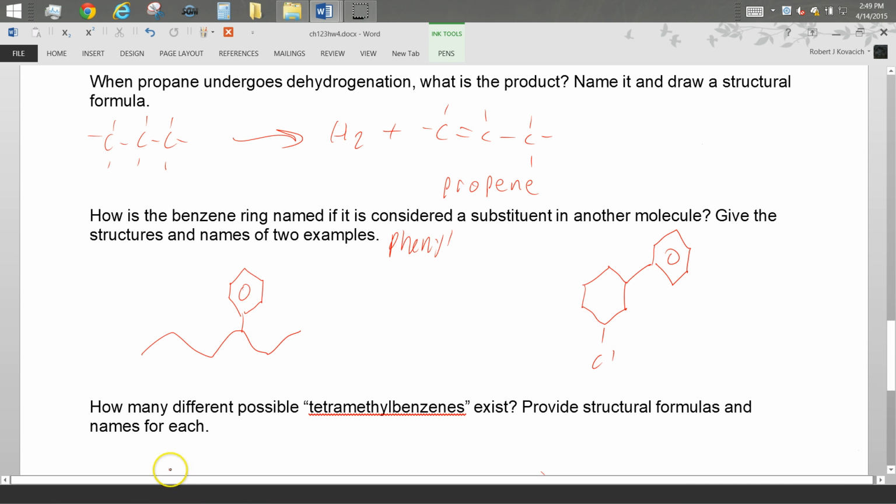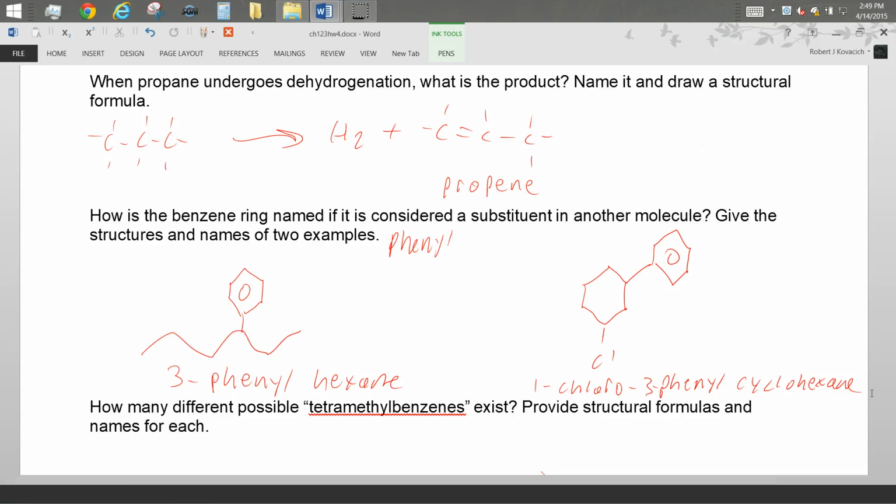So 1, 2, 3, 4, 5, 6. And so I've got a... Are we okay with those 2 names for those 2 structures?